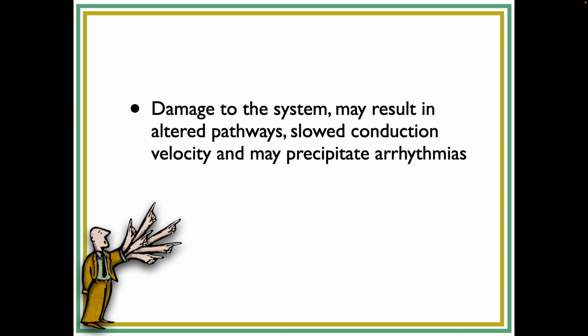Now, damage to the system. The reason we're spending so much time on this part of the heart is that when we talk about different dysrhythmias, different arrhythmias, which is what ECG class is all about, we look at how they appear on the ECG. Many of them are caused by damage to the conduction system.